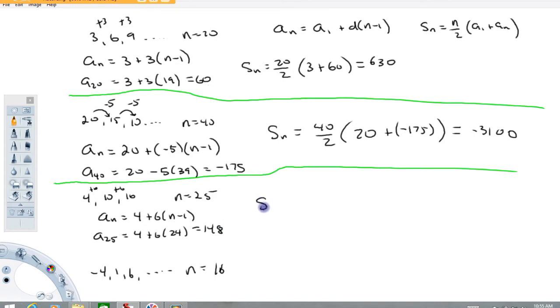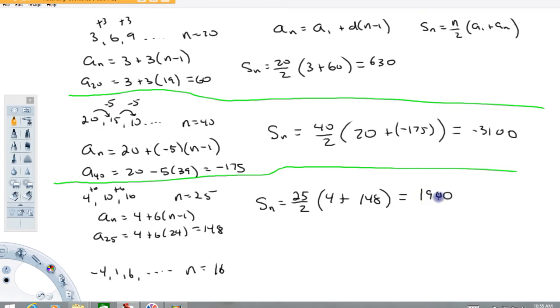All right, so the sum of that sequence, let's see, adding them all up, we are going to have n over 2 times the quantity a1 plus a sub n, or in this case a sub 25, I guess, running a value here. I get 1900 out of that.